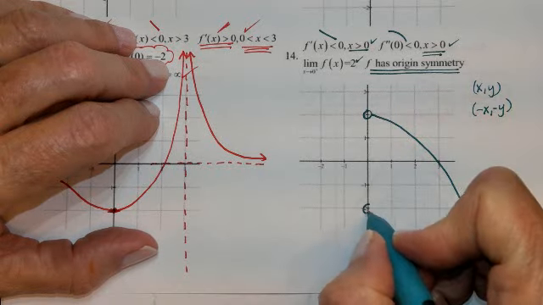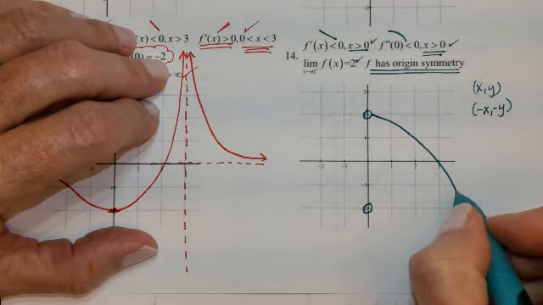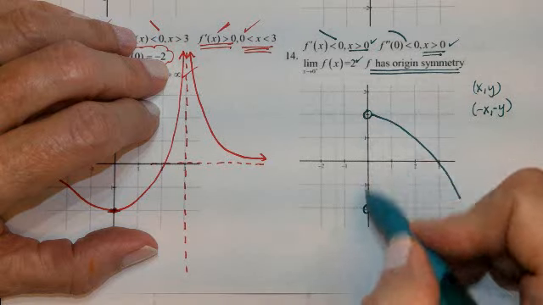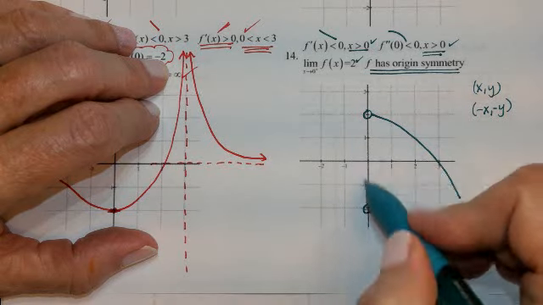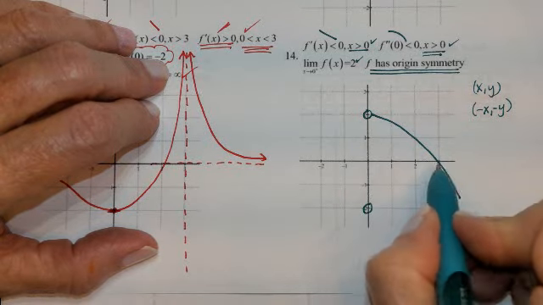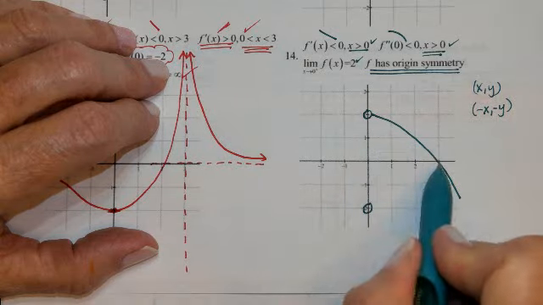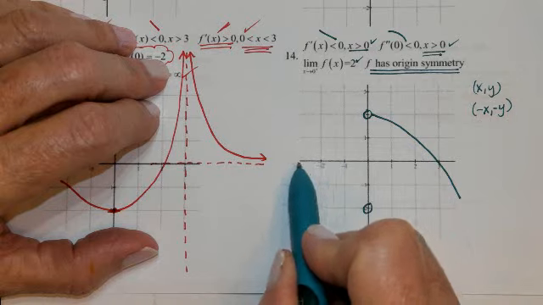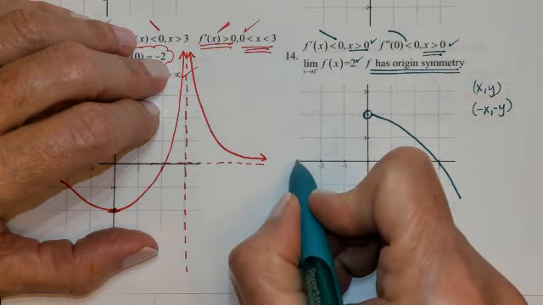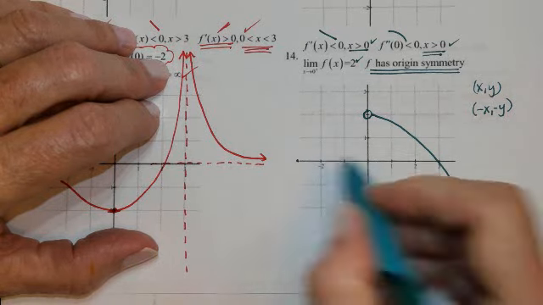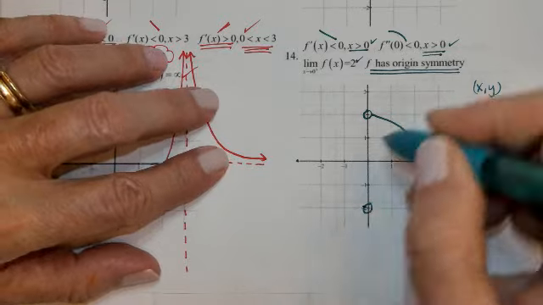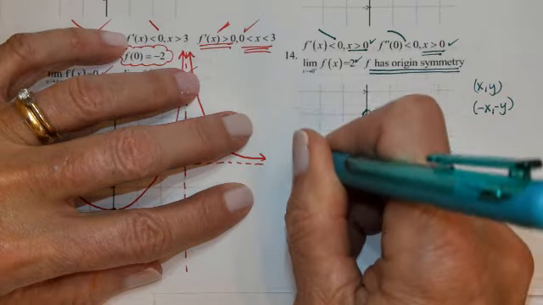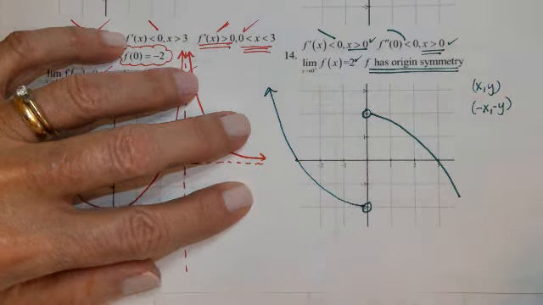Now I know it also has to be down here because we're reflecting it through the origin. I happened to draw this curve almost through (3, 0), though I did not do this intentionally. So (negative 3, 0) is going to be on my graph as well. And now I can kind of sketch this like that.